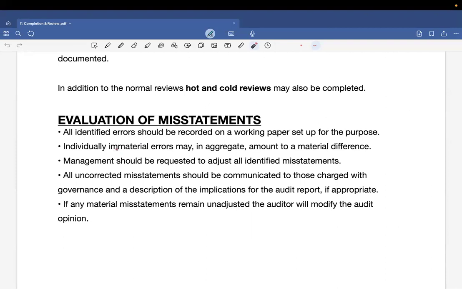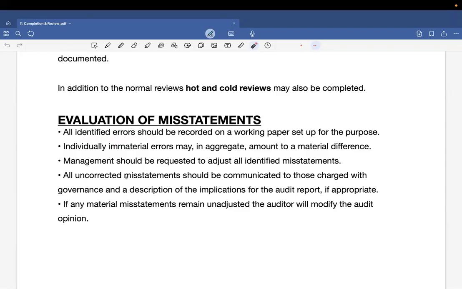Evaluation of misstatements. So we have to identify all the errors, and all the errors should be recorded on a working paper. There would be performance materiality also set, where individually there could be immaterial errors, but when aggregated or in total, it could be a material difference.